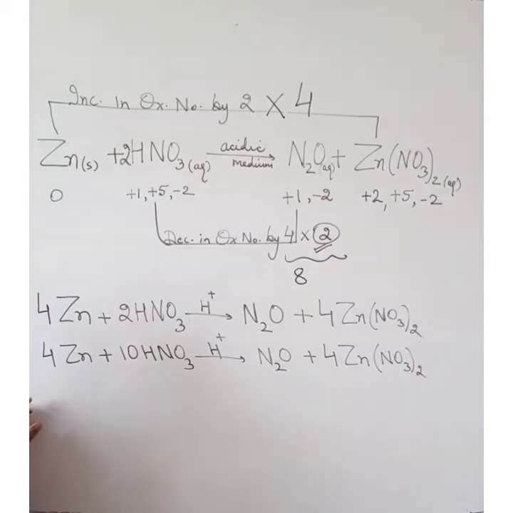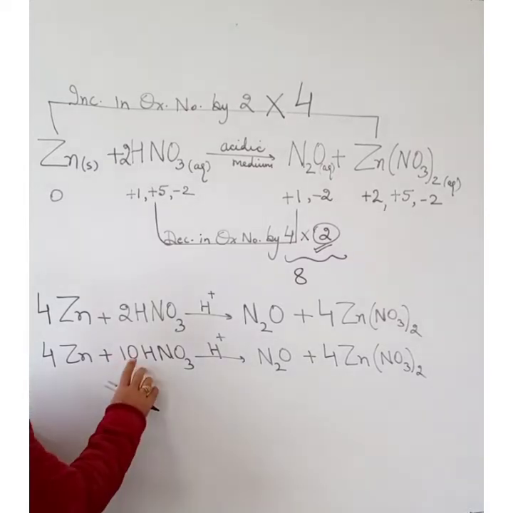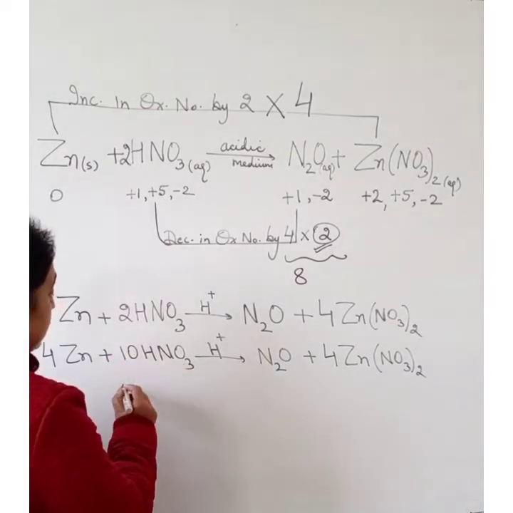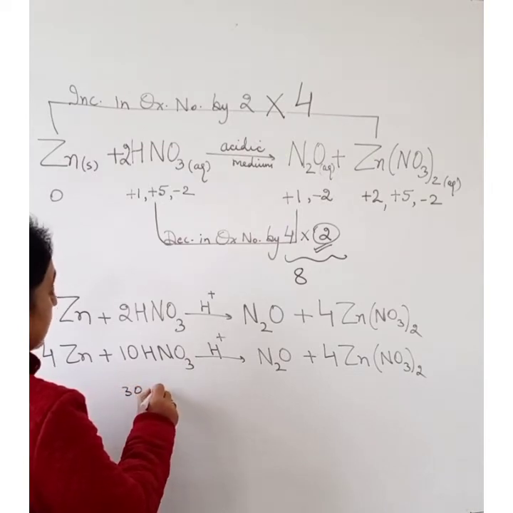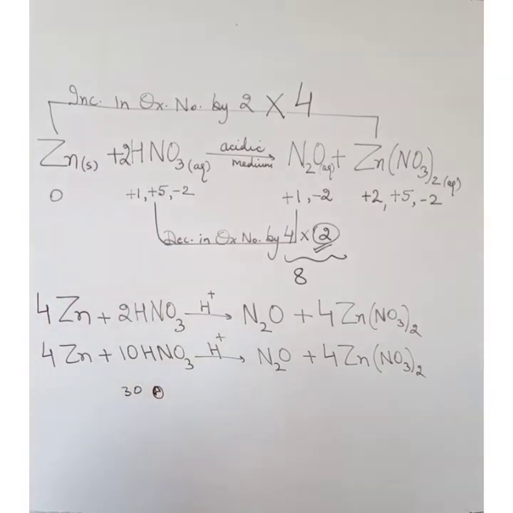Now balance oxygen. Oxygen is not affected by medium. For balancing oxygen, we have to add water molecule on the deficient side. Now 3 into 10, 30 oxygen on this side.